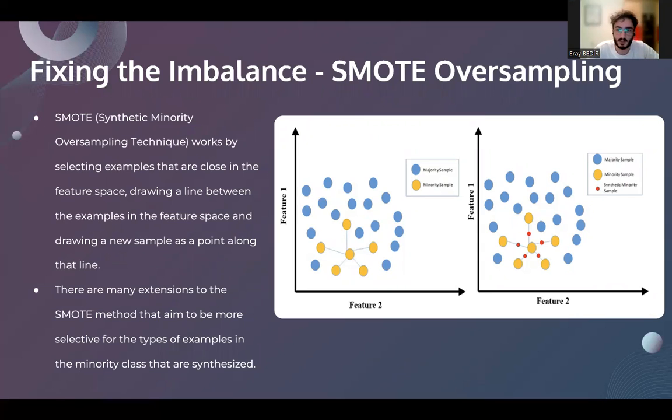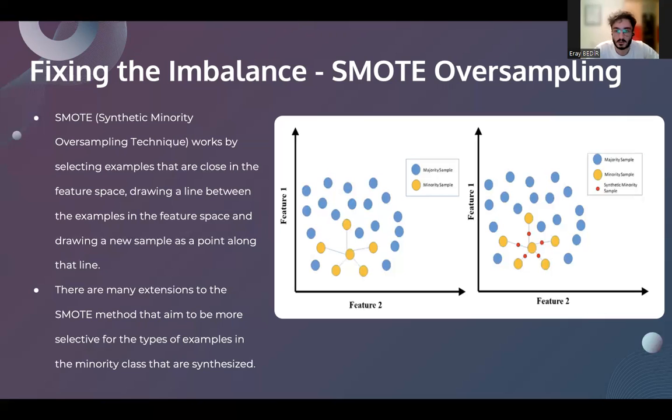You can decide how many lines it will draw with k neighbors. Like if you give 5, it will draw lines to the 5 nearest minority samples, and it will place synthetic examples of minority samples on the lines, as you can see on the left graph.